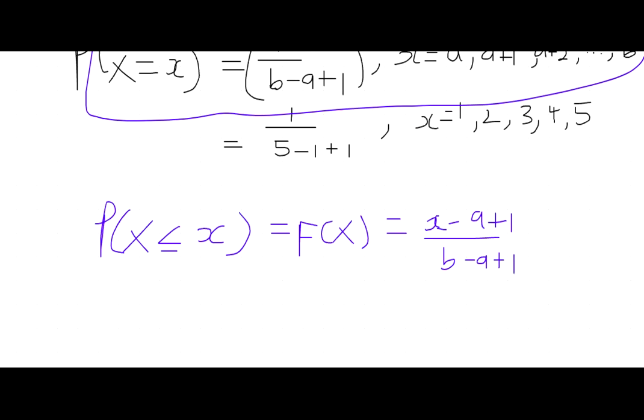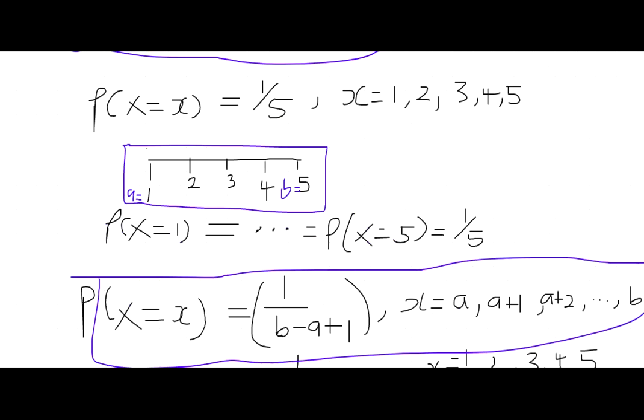So the discrete uniform distribution consists of an interval divided equally into portions.